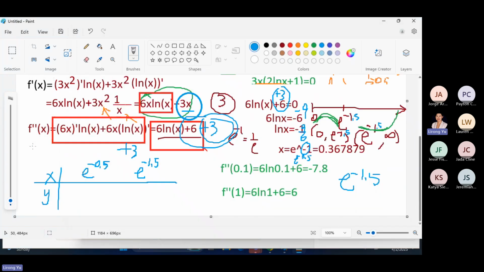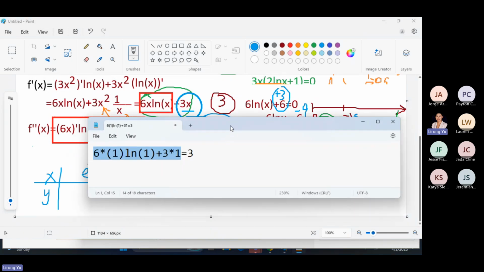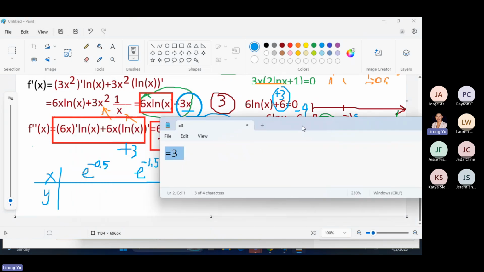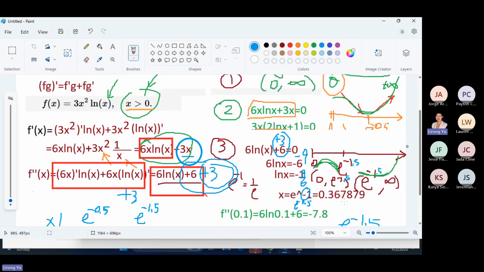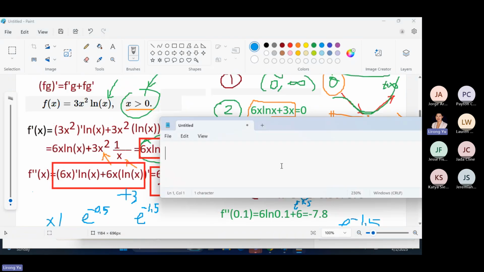So if we're sketching it, then we should know the y value for this. Now we're not using the derivatives for increasing or decreasing, but the original function to determine the y value. That would be 3x squared natural log of x. The calculation will be 3 times x squared multiplied by the natural log of the input value. The first calculation will be 3 times e to the negative 0.5 squared times natural log of e to the negative 0.5.